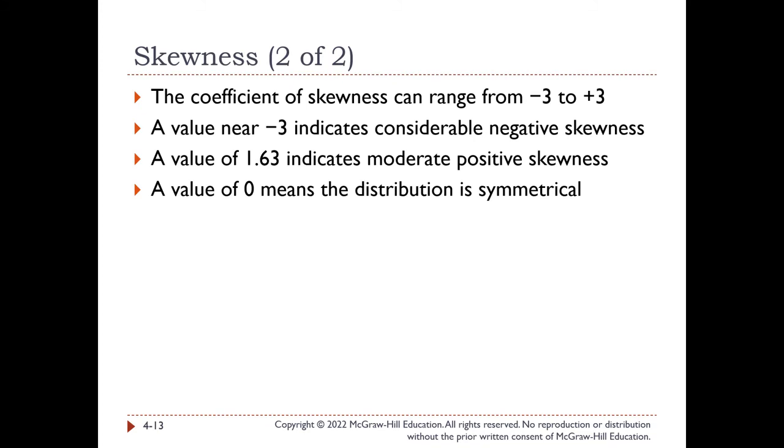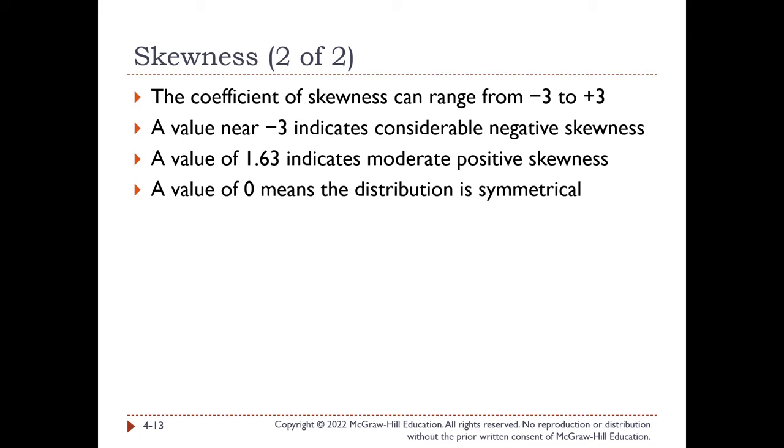Alright, so the coefficient of skewness can range from -3 to +3. Again, it's going to range from -3 to +3. If it's more than 3 or less than -3, like -4, because technically it's less, or if we get anything beyond those two, we need to check our calculations.